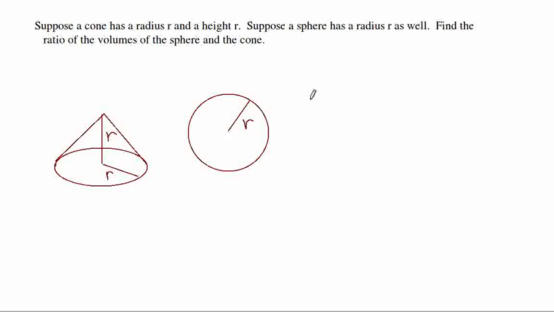We want to find the ratio of the volumes of the sphere and the cone.